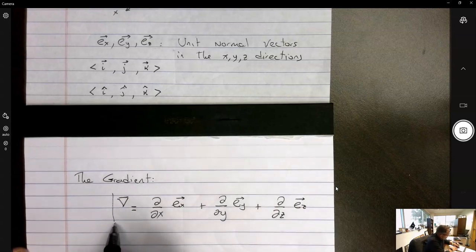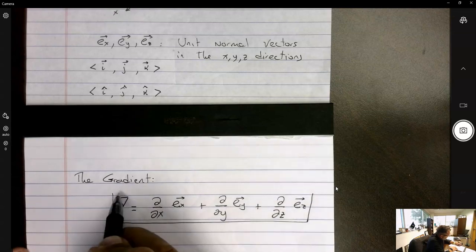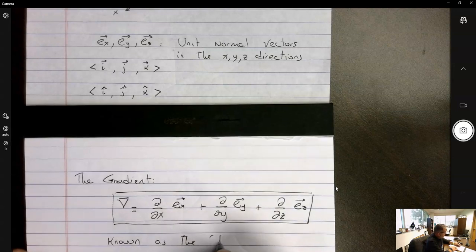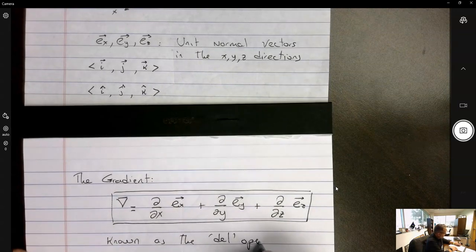Okay? So this right here is known as the del operator, where this upside down triangle is the Greek symbol Nabla.